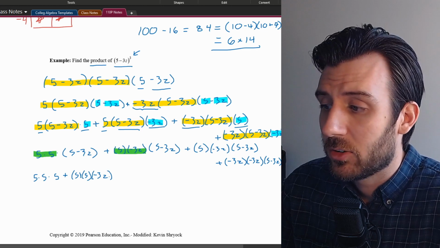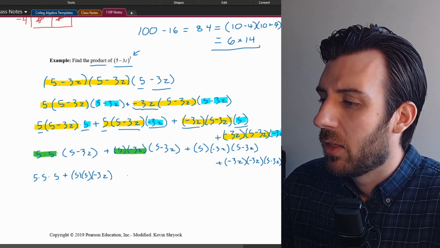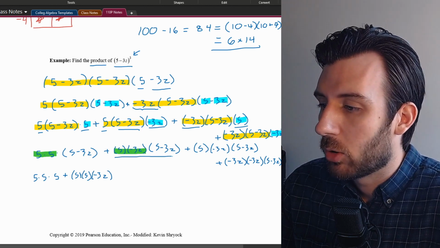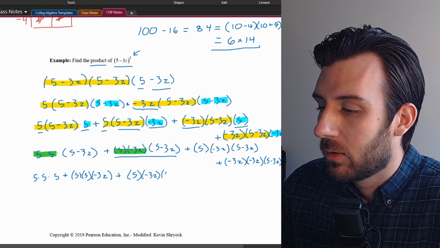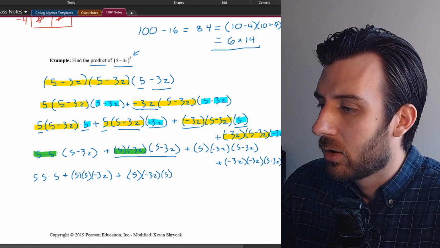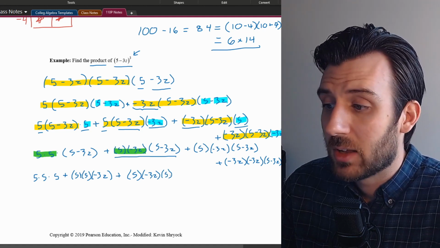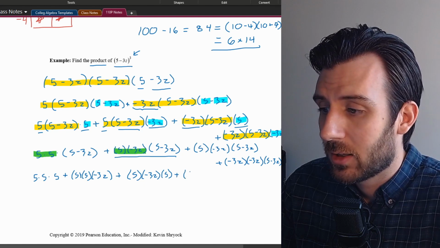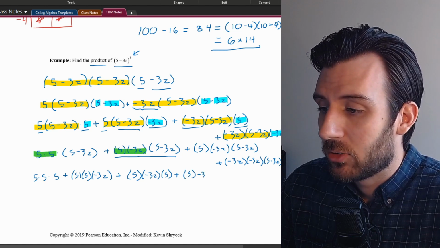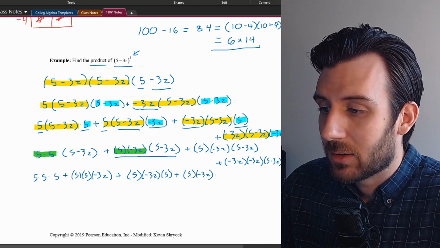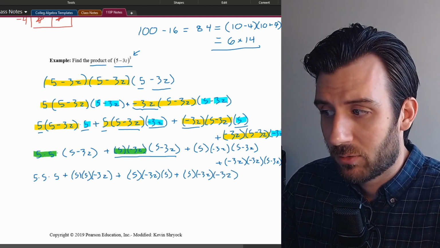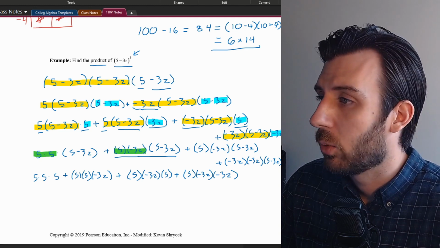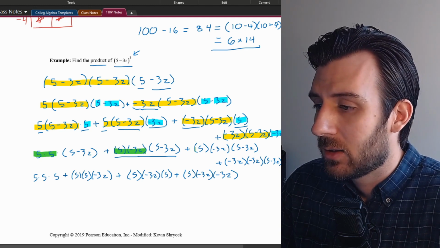Again, your parentheses are going to be very, very helpful. Then I have this one that I'm working on. That would be 5 times negative 3z times 5. And then I have 5 times negative 3z times negative 3z. So that'd be 5 times negative 3z times negative 3z. Excellent. Okay, so we've gotten through the first two. Let's keep going. We've now got some green highlighting here.